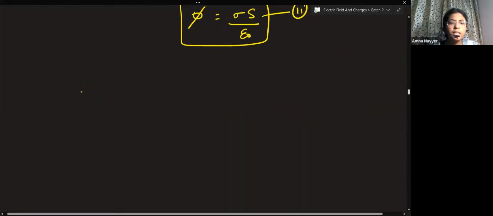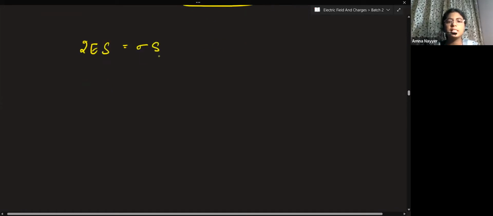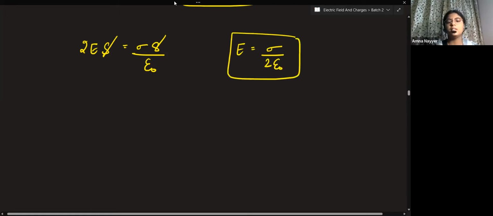If I equate them, 2Es will be equal to sigma S divided by epsilon naught. Now the surface area S will get cancelled. Electric field due to an infinite plane sheet will come out to be sigma divided by 2 epsilon naught.